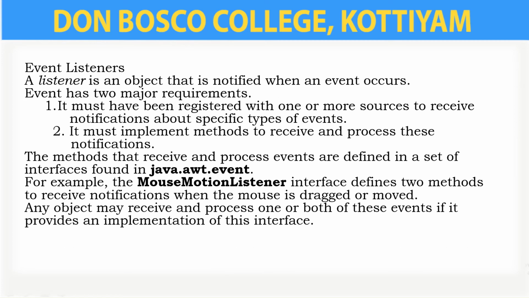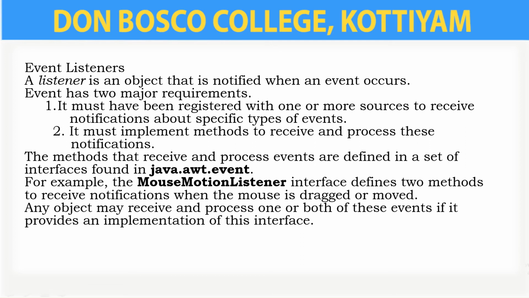The next topic in event handling is event listeners. The event listener object contains methods for receiving and processing event notifications sent by the source object. These methods are implemented from the corresponding listener interface contained in the java.awt.event package.